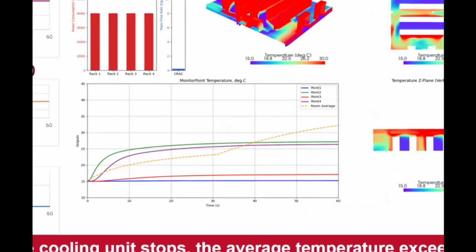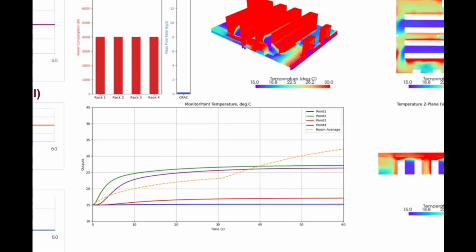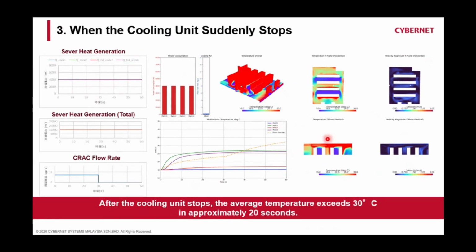Once the C-rack stops working, it goes up instantly. So you get to see those effects, and how long it takes. That gives you enough idea or insight to monitor and take precautionary prevention. Okay, so that is the idea of doing this kind of thermal digital twin with your data center.